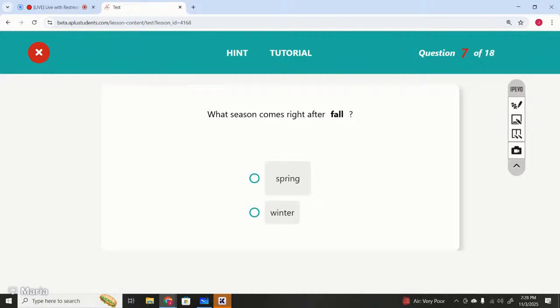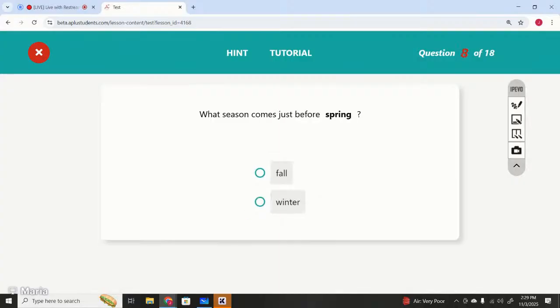What season comes right after fall? Very good. Right after fall it is winter. Option number two is the correct option.